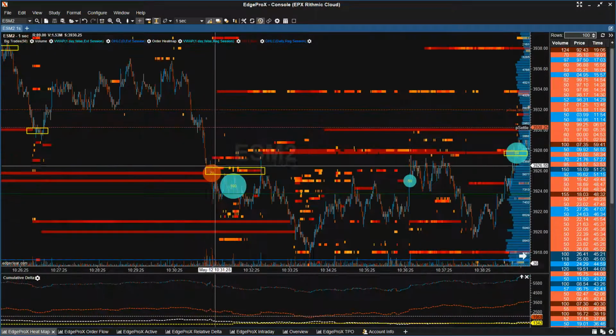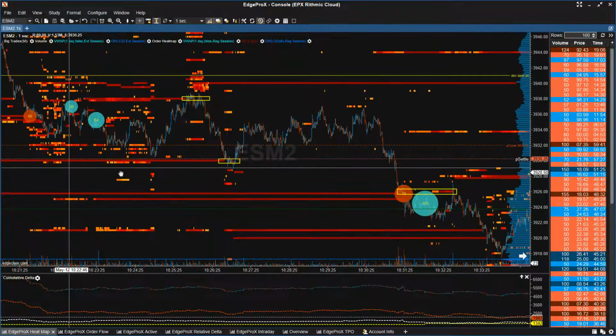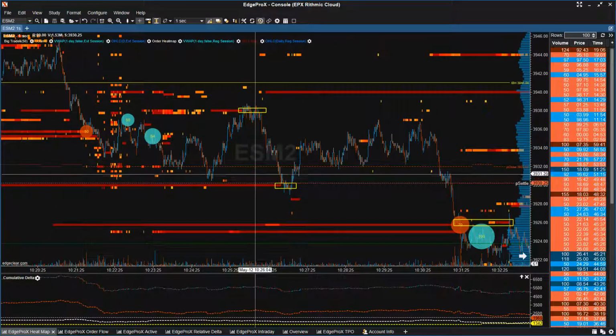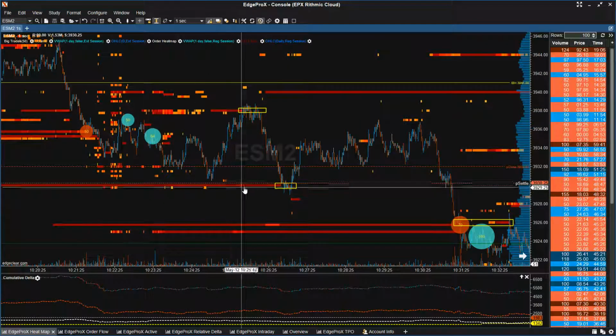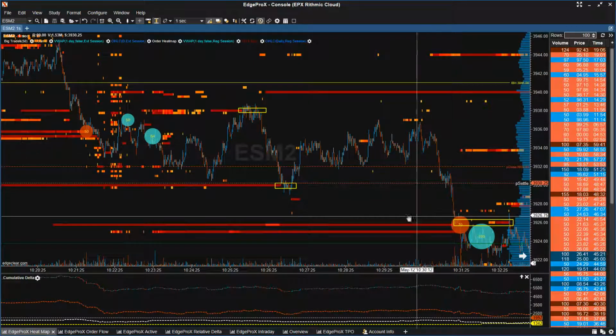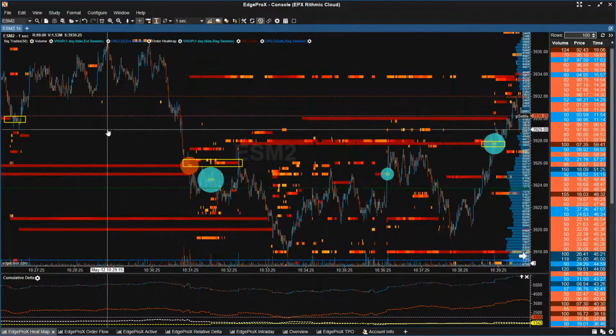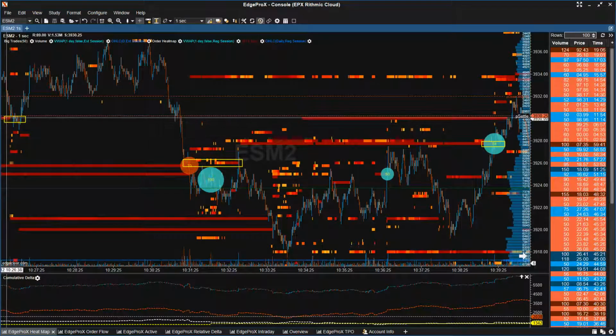So you've got this size coming in here, a little bit of size, it trades, bounces through, breaks through, and then at some point later in the session, that price shows up again. So there's the size, it traded through here.